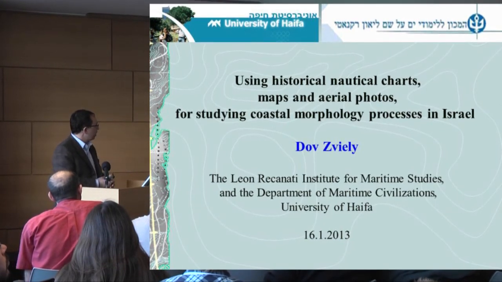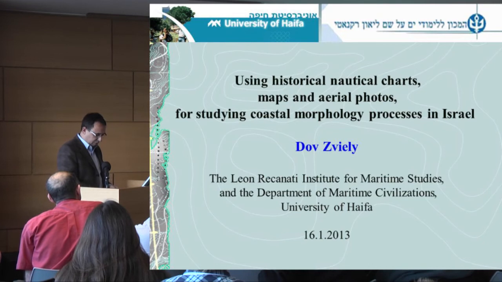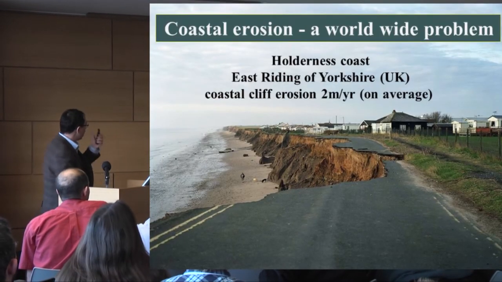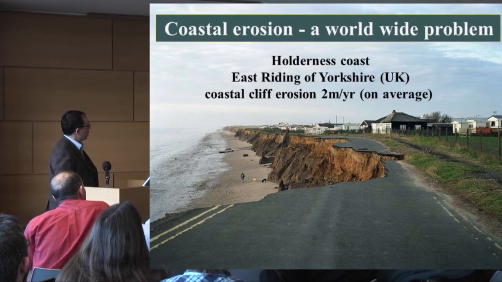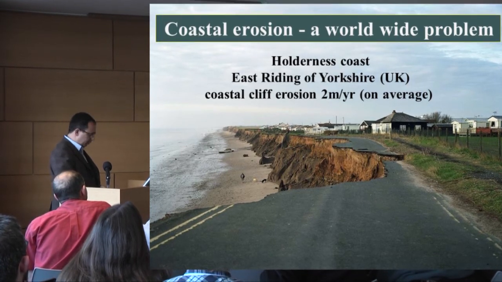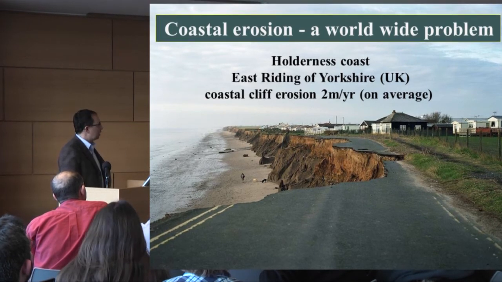Okay. I will give a short presentation on the coastal morphology. Actually, I think the most important thing today concerning the coastal morphology is the problem of coastal erosion. It's a worldwide problem, and it's a fact also on the Israeli coast.